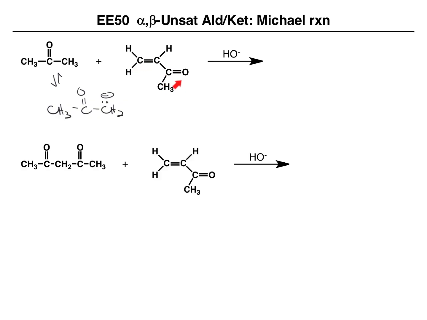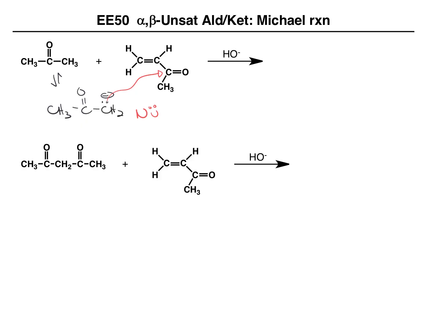So it's not going to be as stabilized, which means this is slightly less acidic than these. Now, once we have this enolate, this is now our nucleophile. So the nucleophile will add 1,2 because nucleophiles will always add 1,2 because it's faster.